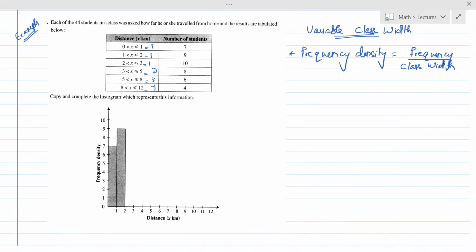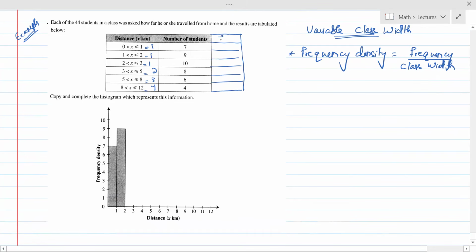After calculating them, then we draw the histograms. So let's add another column here, representing the frequency density. Frequency density is frequency upon class width.